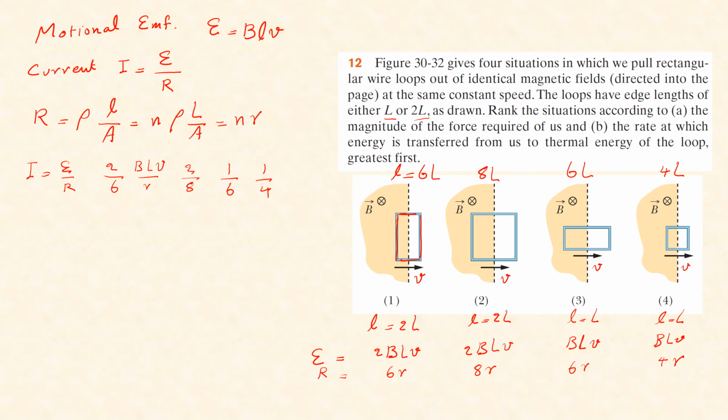All right. Now, where does the force come from? Why do we need to apply force? You see, which direction is the induced current? The B field is into the page and it is decreasing for all of them. So the induced current wants to support that.